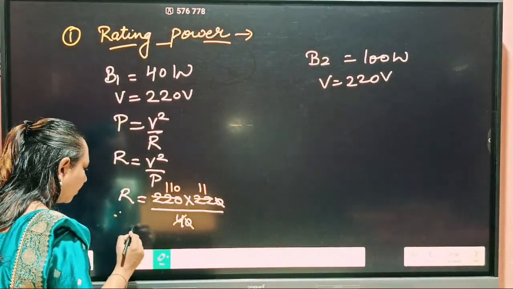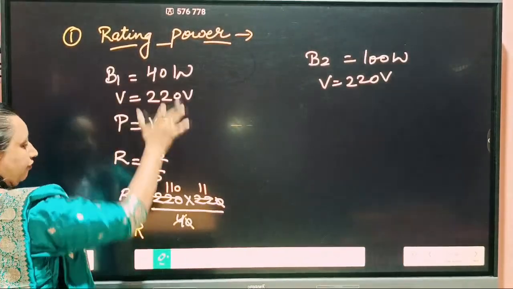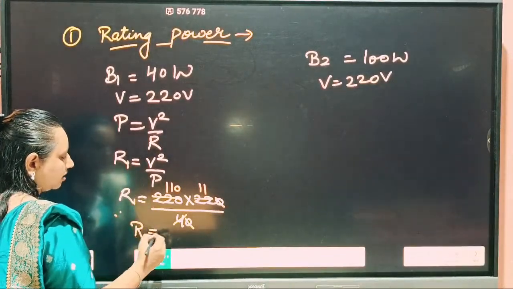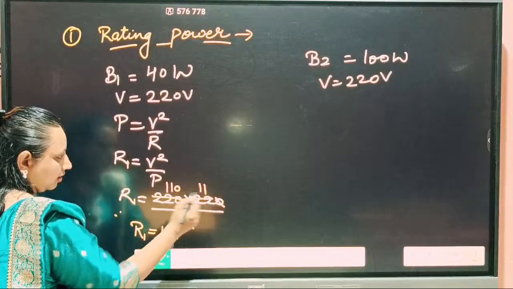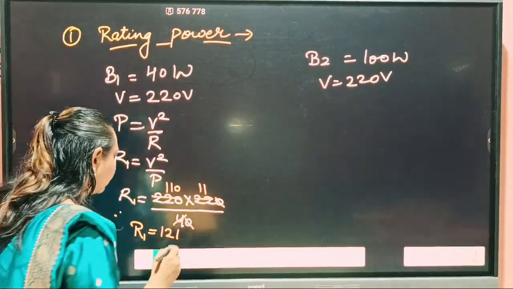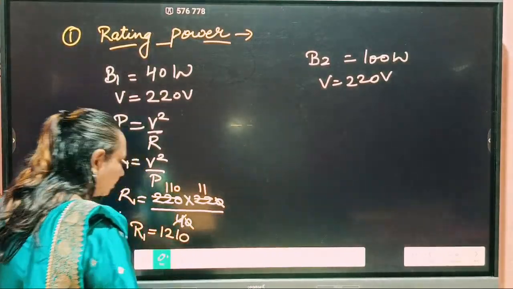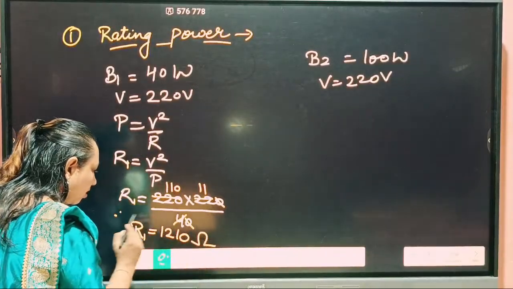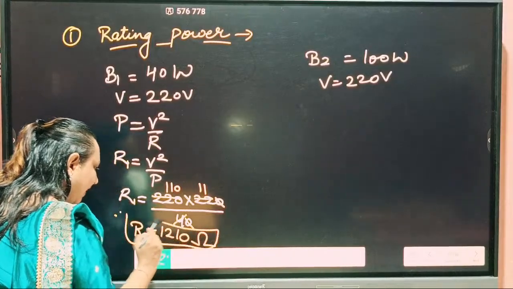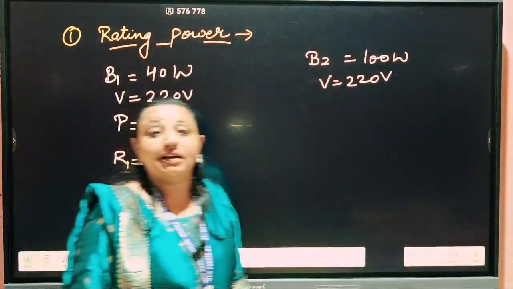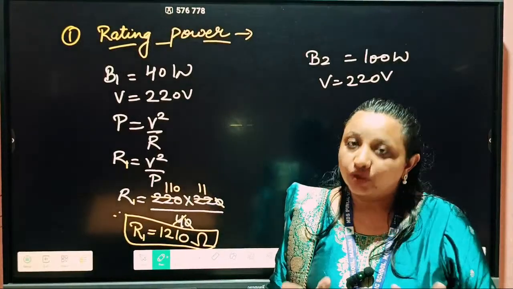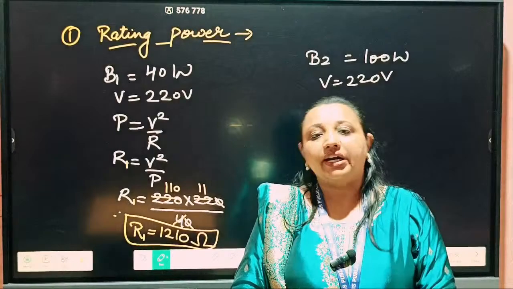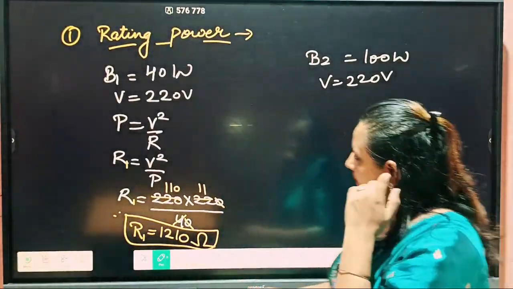Right? So what is the value of resistance in case of bulb 1? We consider it R1. The square of 11 is 121, and it's 0. So 1210 ohm is the resistance of the bulb 1 having 40 watt power or 40 rating power. Both have the similar meaning, wattage power or the rating power.